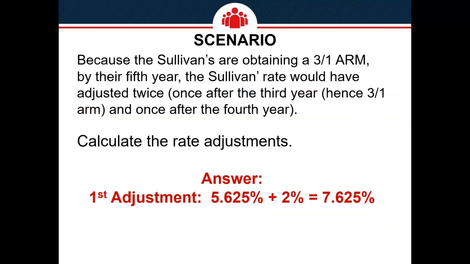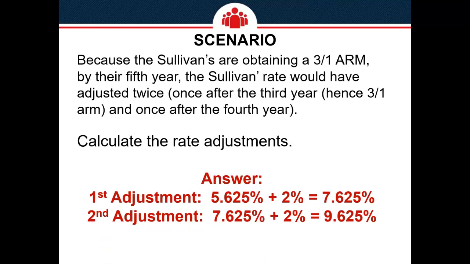The first adjustment, the most that it can increase, is 2%. So that means in year 4, which is when they can have the first adjustment, it can go no higher than 2%. And then in year 5, which is what they wanted to know, how much it would be in the 5th year, it can go up a max of another 2%, which means they would be at 9.625%. The most that their interest rate can be in the 5th year is 9.625%.